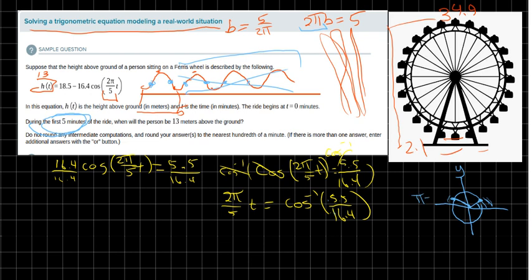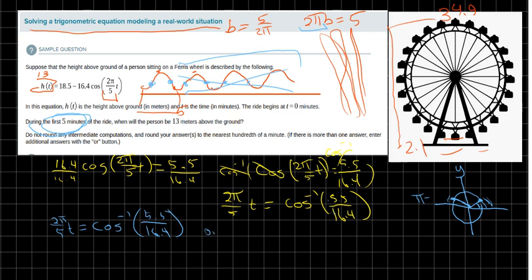So we're going to end up having 2 pi over 5 t is equal to the inverse cosine of 5.5 over 16.4, or 2 pi over 5 t is equal to pi minus that value.